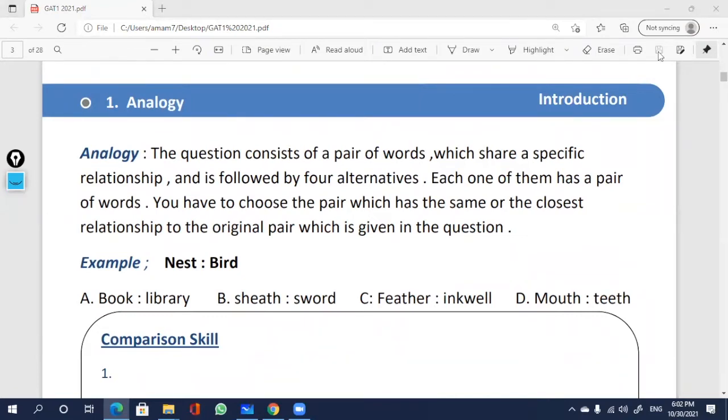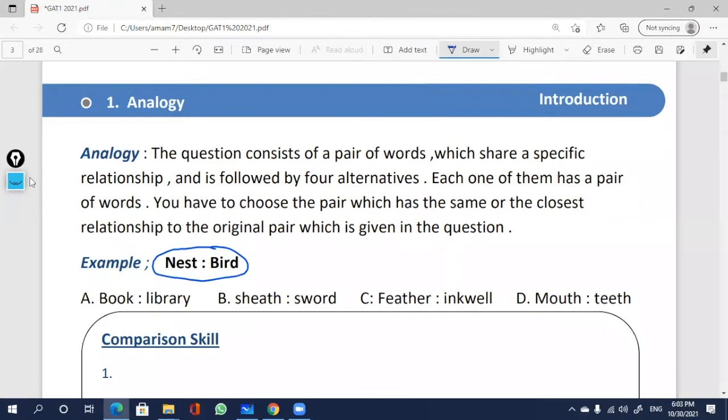As you know, the question consists of a pair of words, which share a specific relationship, and it's followed by 4 alternatives. Each one of them has a pair of words. You have to choose the answer which has the same relationship which links the pair of words given in the question.